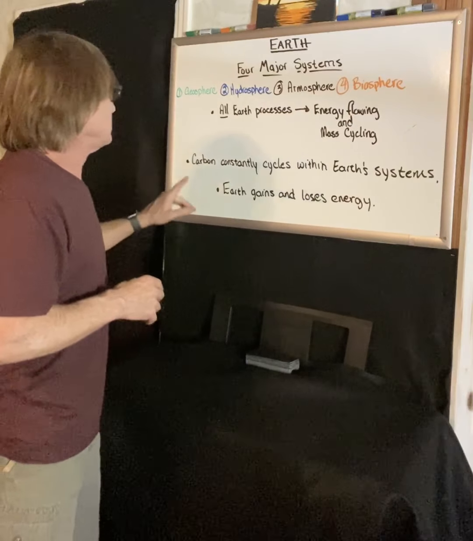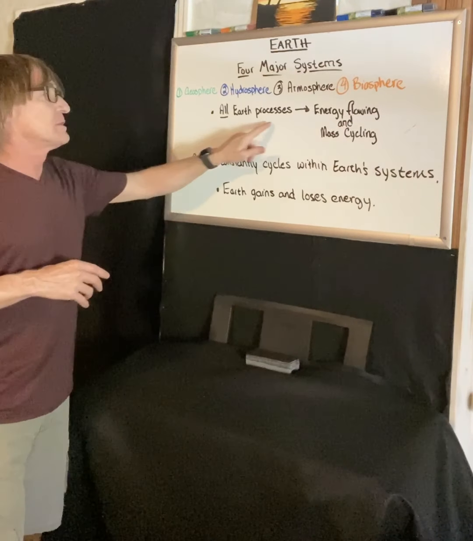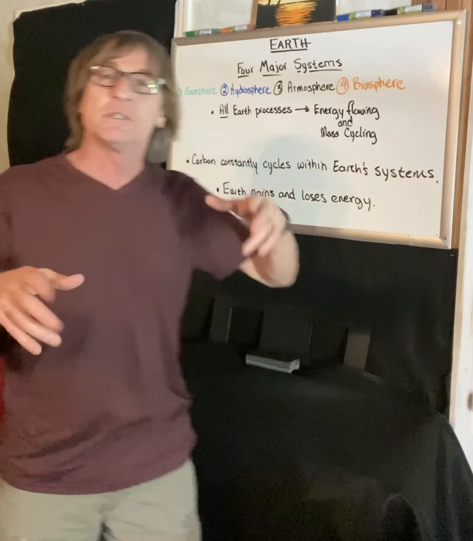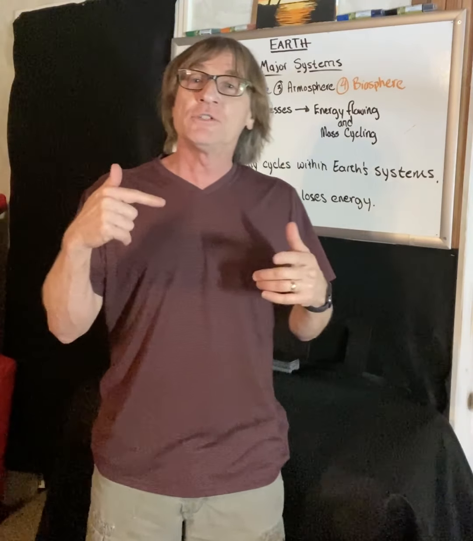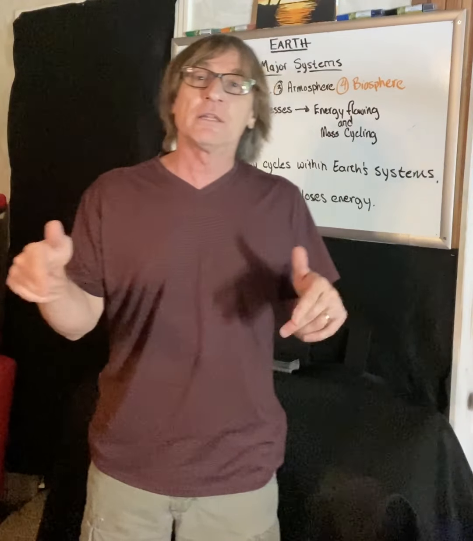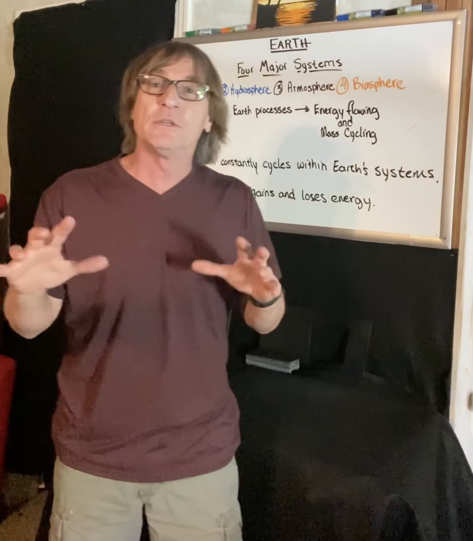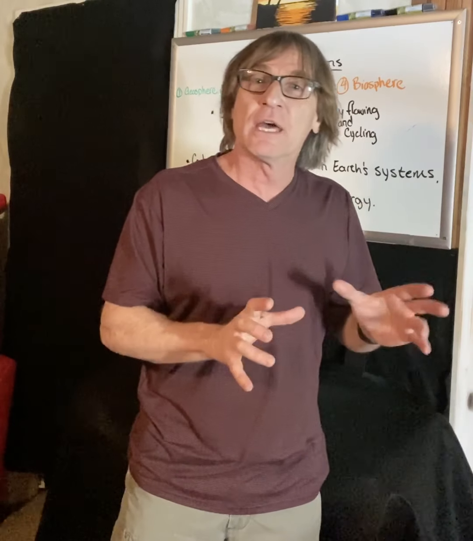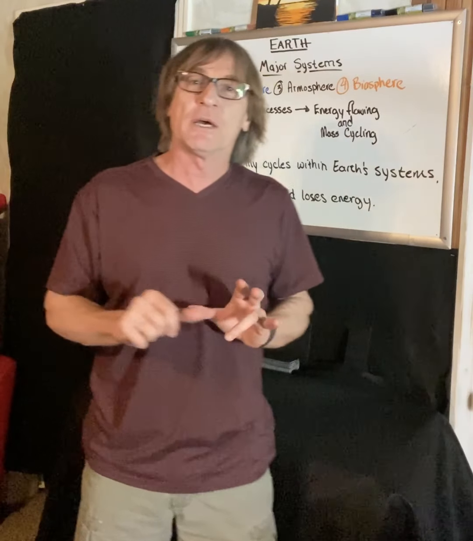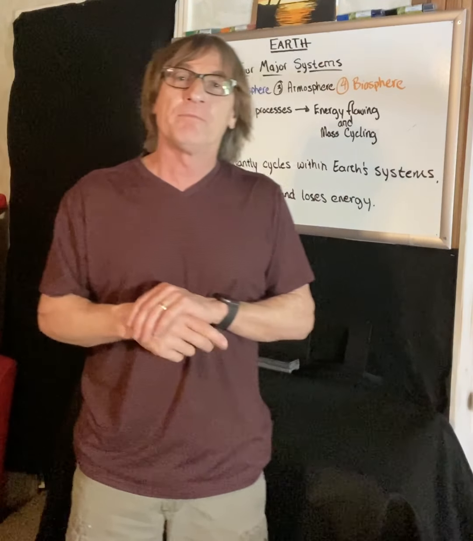Now, all of Earth's processes, the things that take place in the Earth, are the result of energy flowing and mass cycling within and between the Earth's systems. Energy flowing and mass cycling within and between those four systems of the Earth.